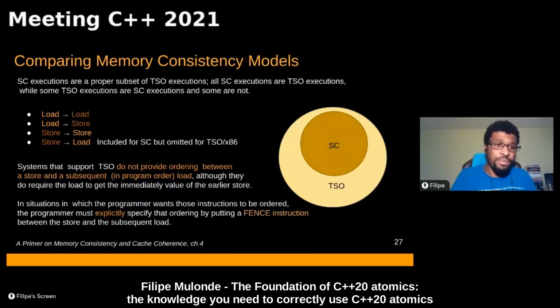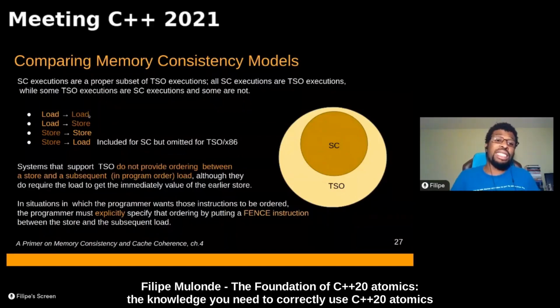Sequentially consistent executions are a proper subset of total store executions: all sequentially consistent executions are total store executions, while some total store executions are sequentially consistent and some are not. With that, we can conclude that the total store memory model is weaker than the sequential consistency memory model. Why? Again, because all sequentially consistent executions are TSO executions, while some TSO executions are not sequentially consistent.